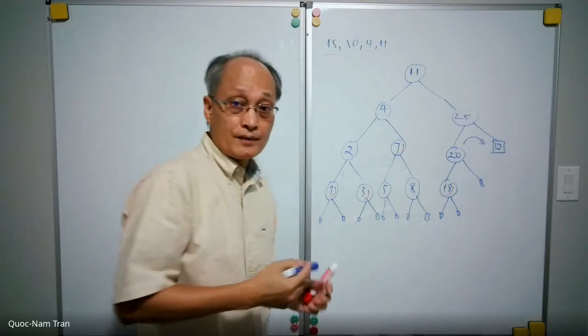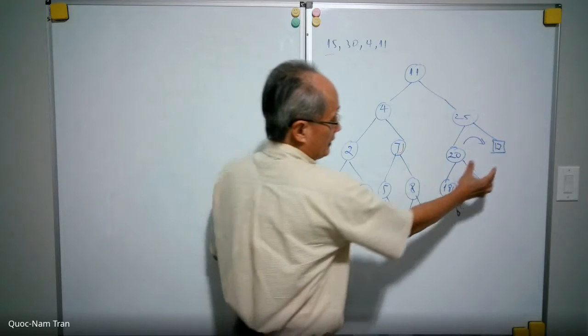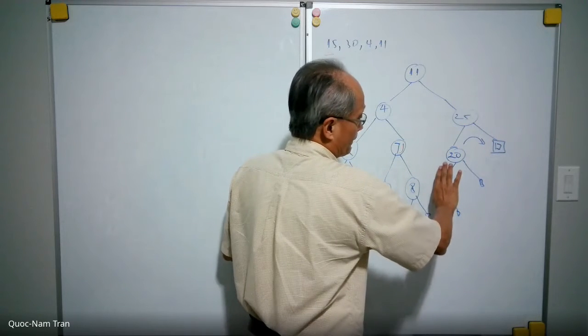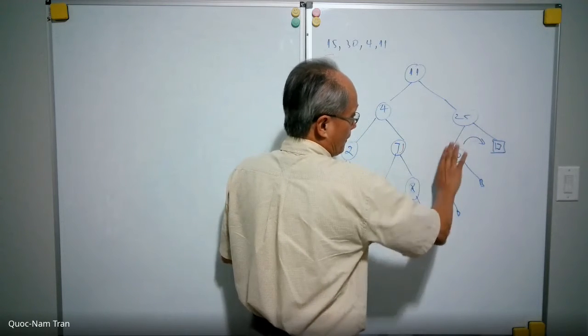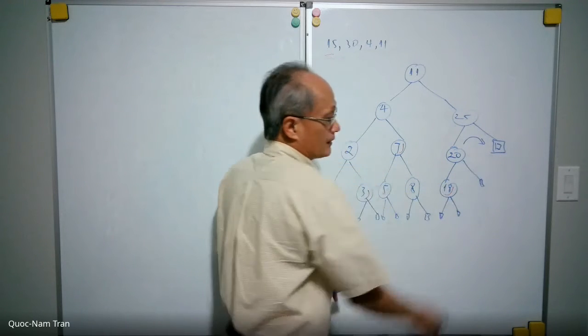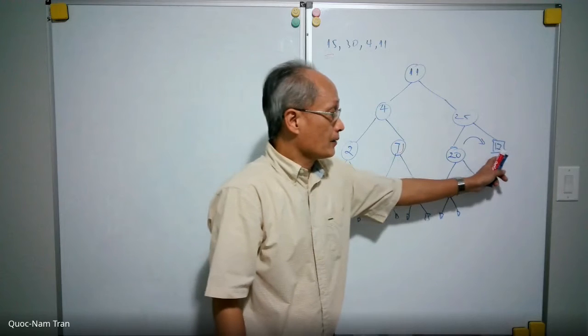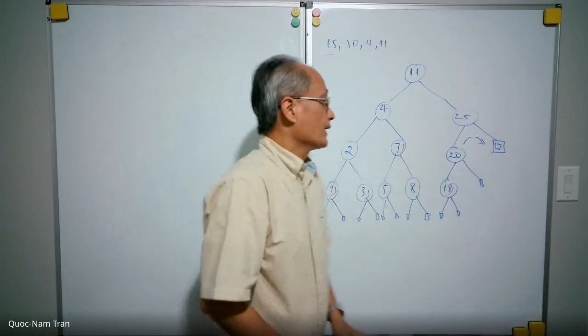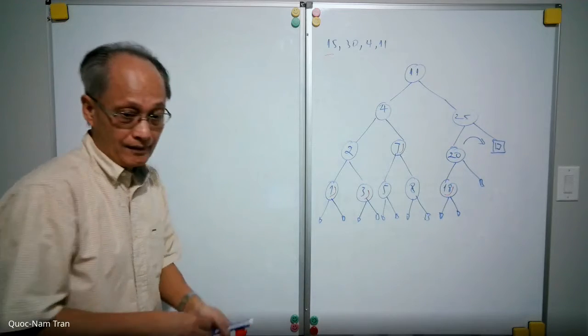The purpose of that is, here we have a double black. When we rotate, we will bring one more black node on this branch. So we can remove the double black here. Okay? So let's see what we will have.